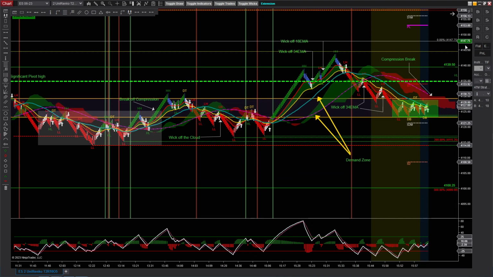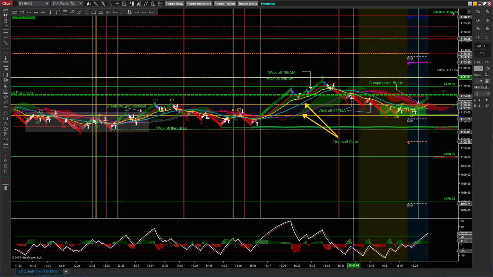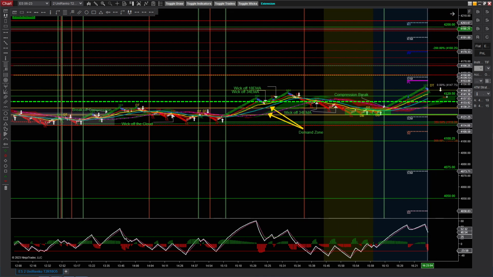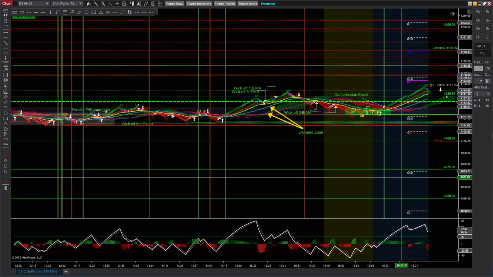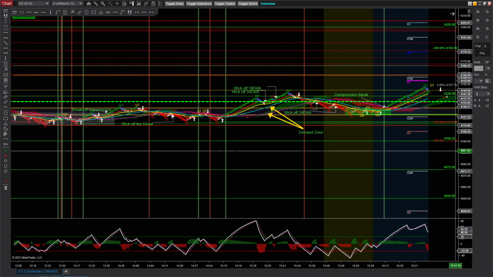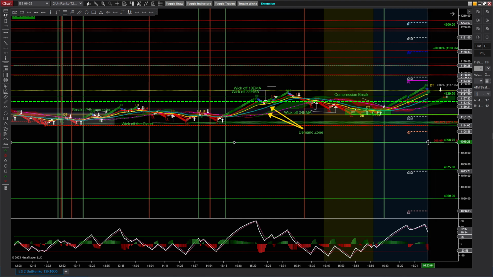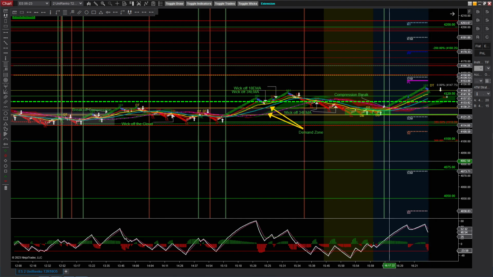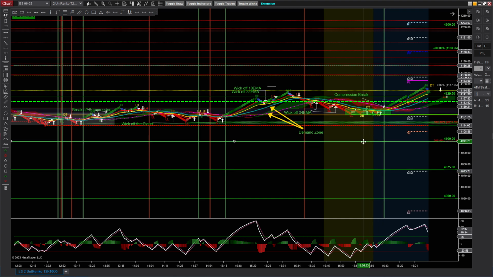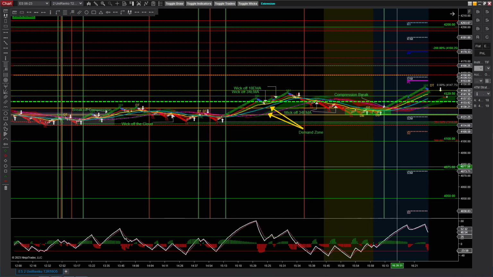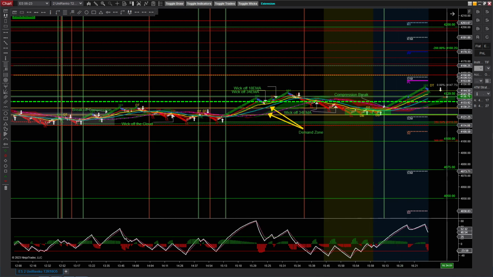So I do have marked the 4200 level up here, the 4100 down here. This one moved a little bit. 4100 right there. I'm gonna actually look at it. 4140 right there.